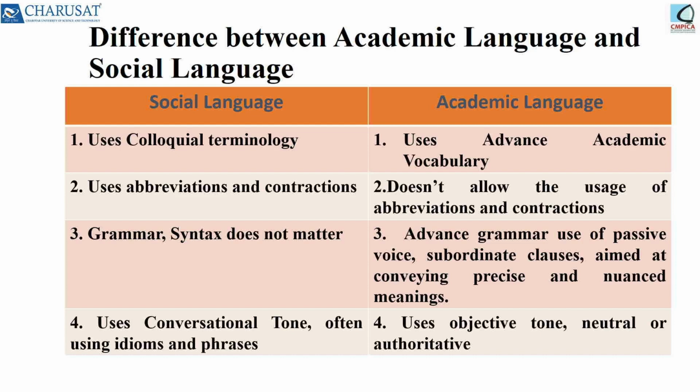I want to mention it objectively in academic language. I would rather say those assigned the responsibility to do work will be equally responsible for whatever the outcome is. Now it is an authoritative tone. So you must know which words to use and which idioms and phrases to use, and over here it will change into a completely different clause altogether. So that is the difference between academic and social language.